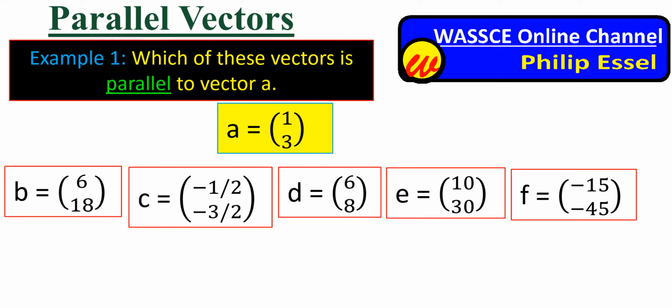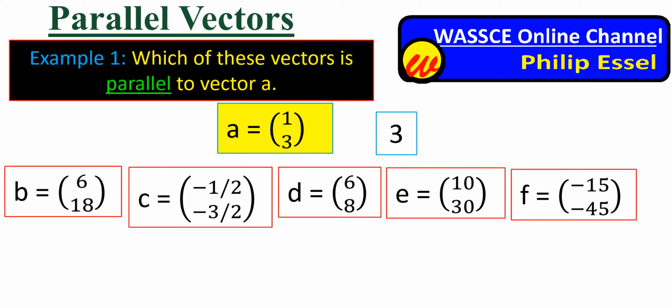So let's do that quickly. So first we'll calculate the gradient or the slope of the vector A, which will be 3 divided by 1. 3 divided by 1 would give us 3.